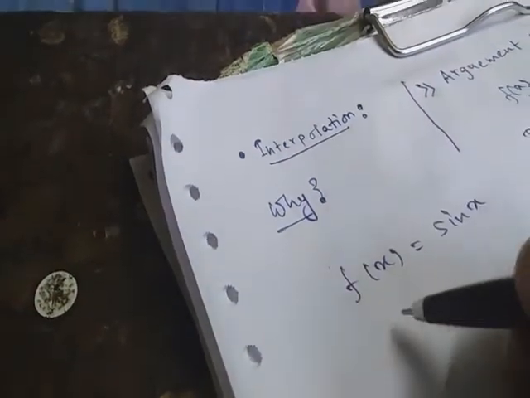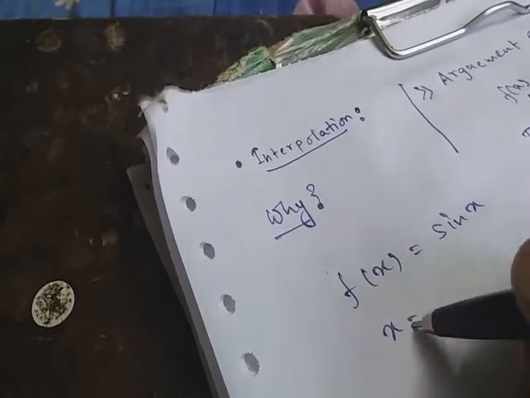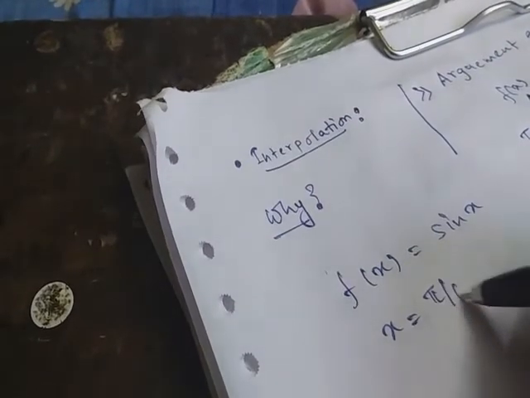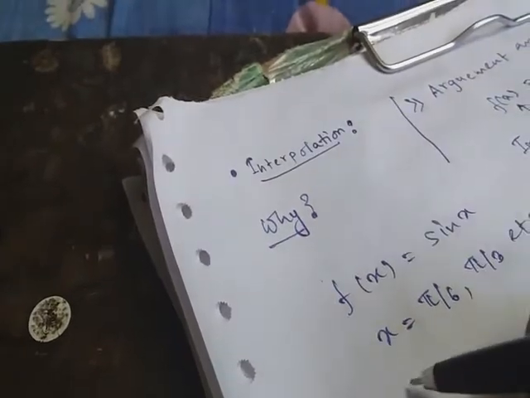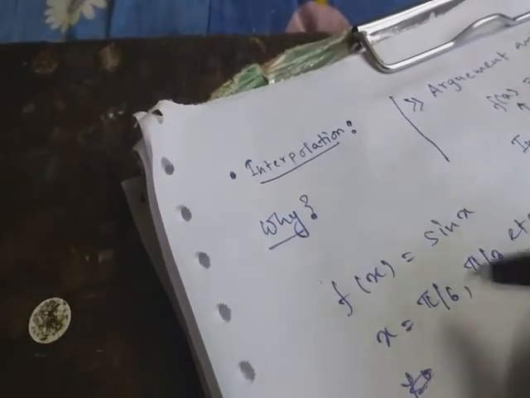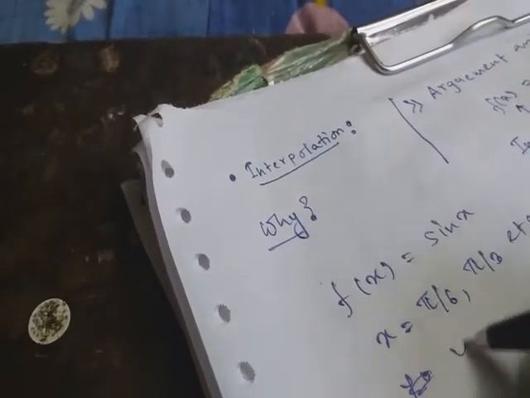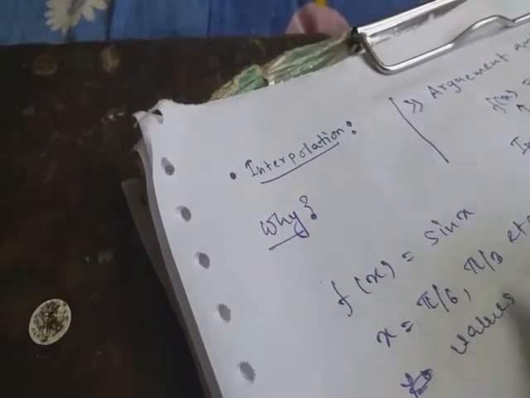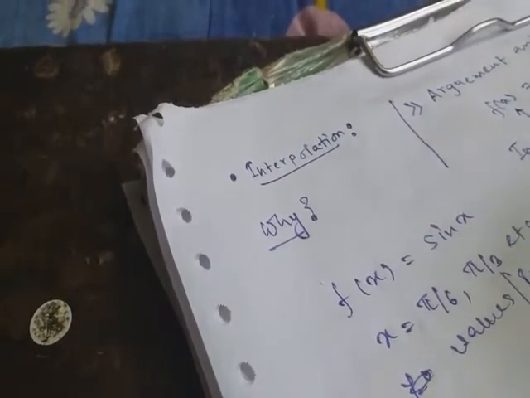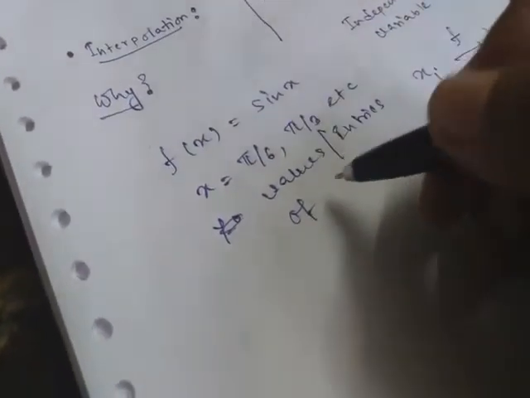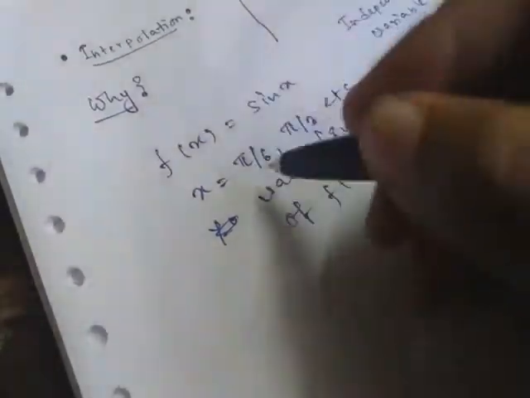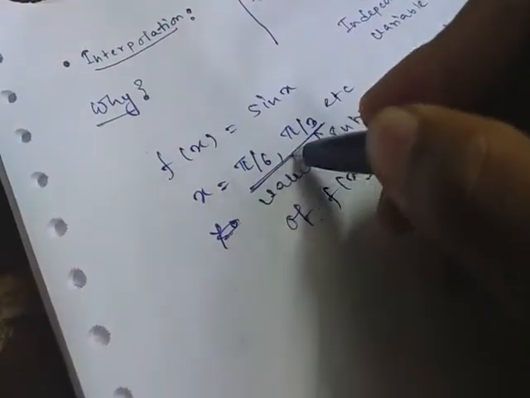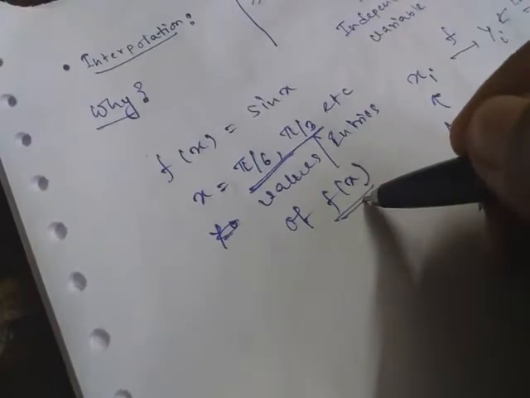Now for different values of x, like x equals pi by 6, pi by 3, etc., you can calculate the values or the entries of f(x). For these arguments, you can calculate the value of f(x).